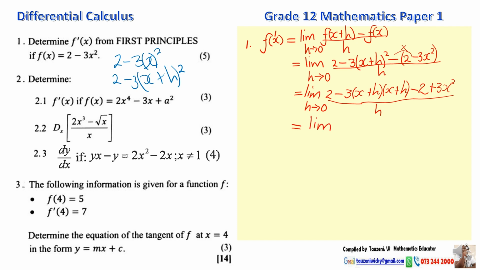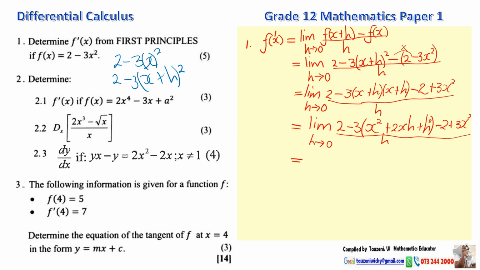Because of that, I'm going to keep the negative 3 outside, and then we use the FOIL method to simplify these brackets. So that will be x squared plus 2xh plus h squared, then minus 2 plus 3x squared. Then from there, we're dividing this by h as h approaches 0.